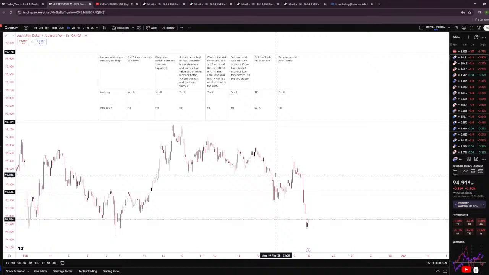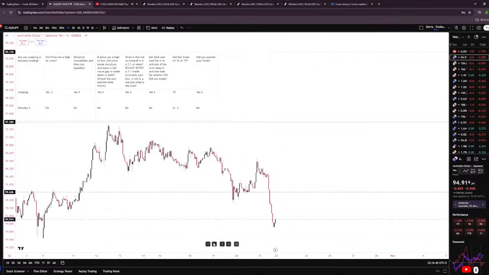Now, this is not consolidation. In order for it to be consolidation, price has to stay within the last high and the last low. So our last high is here, high, low, high.